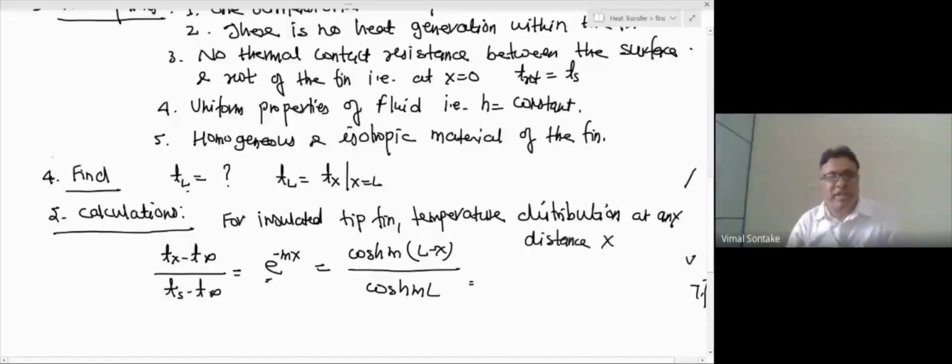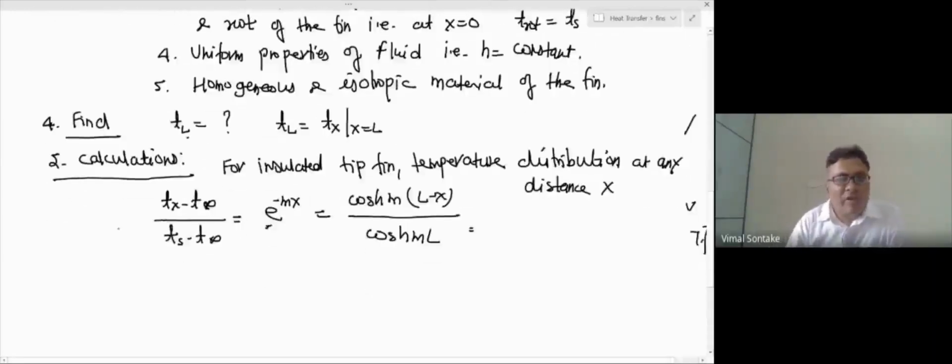So at any distance x, the temperature distribution will be given by Tx minus T infinity over Ts minus T infinity is equal to e to the power minus mx. Okay. Now, if all of you have got this formula, let us say this is equation number 1. Please refer to the data book. I will wait for 1 to 2 minutes. It will take some time for you to locate that formula.